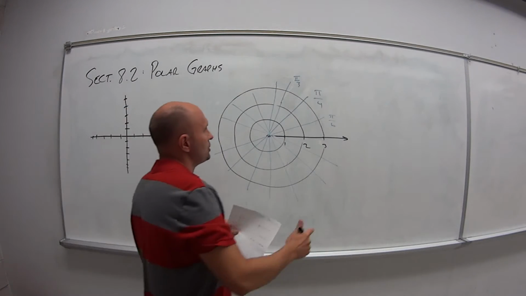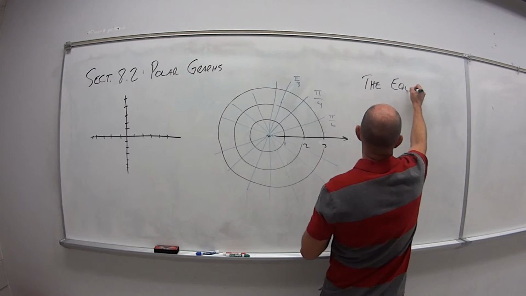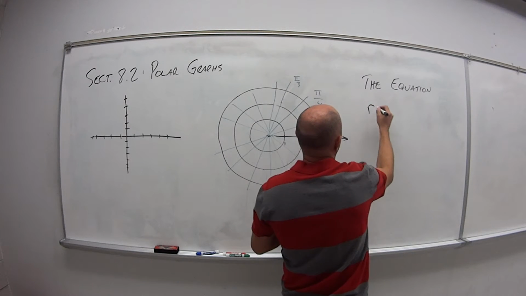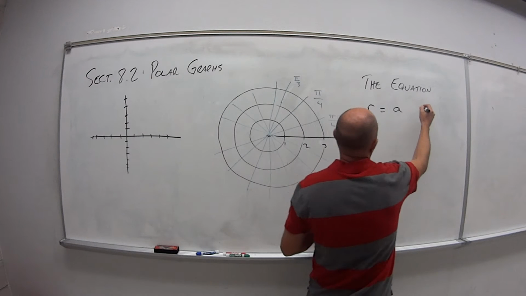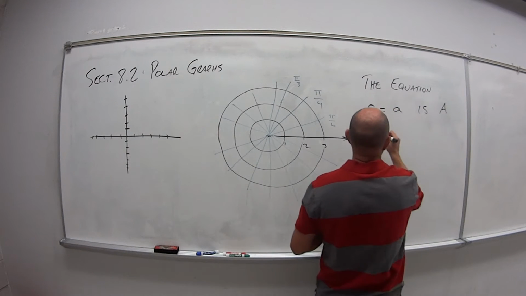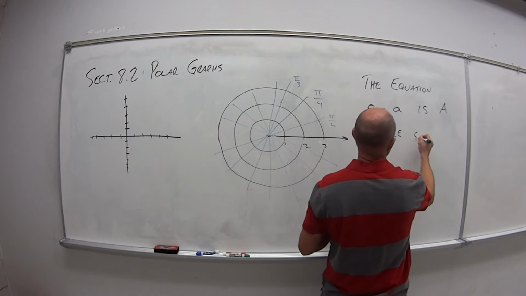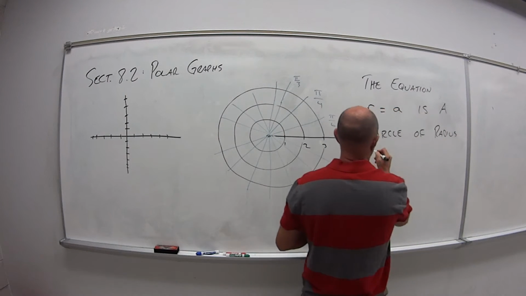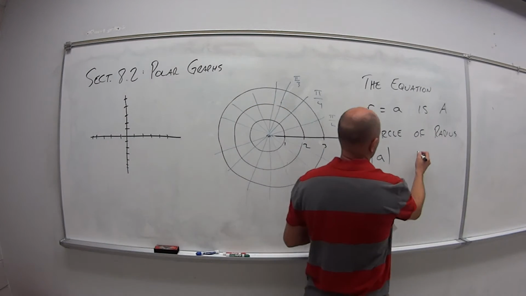So the equation r equals a is a circle of radius absolute value of a, centered at the origin.